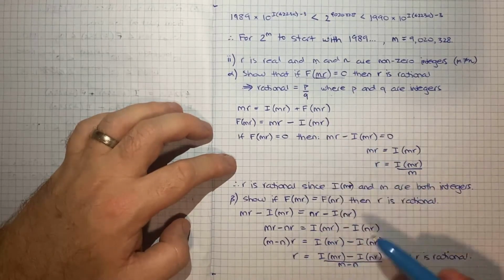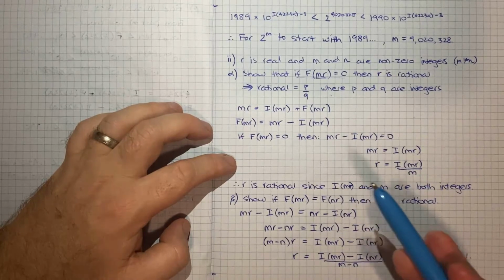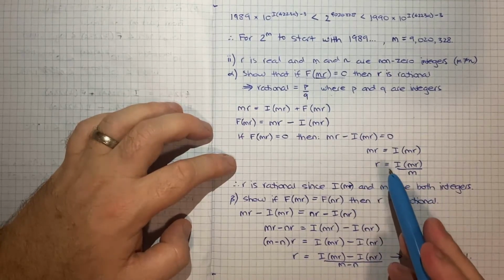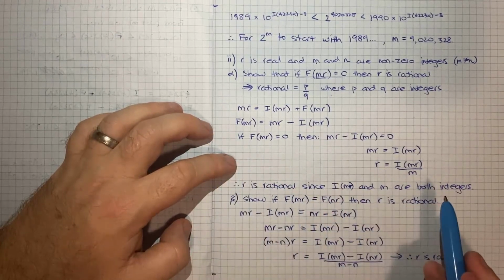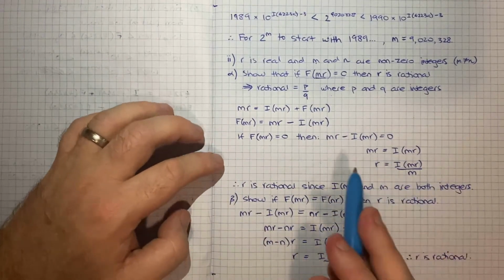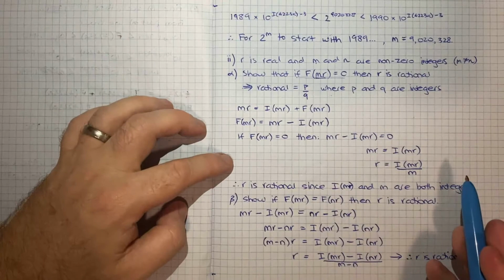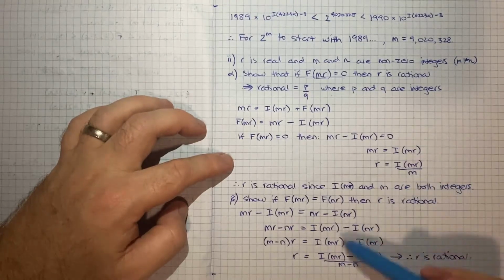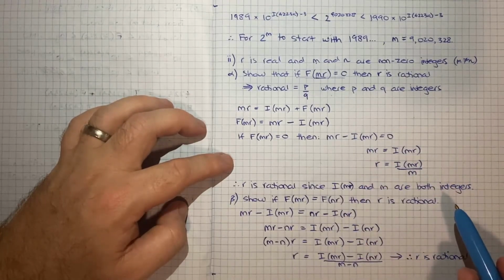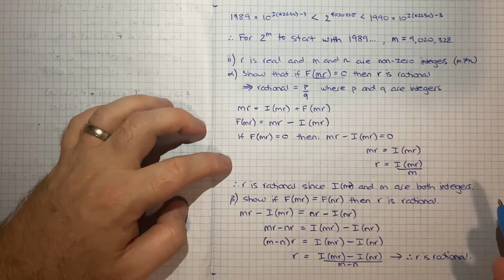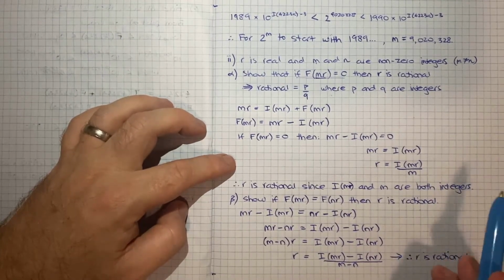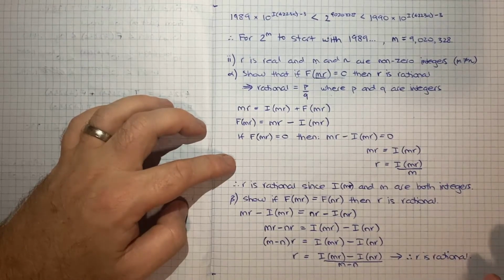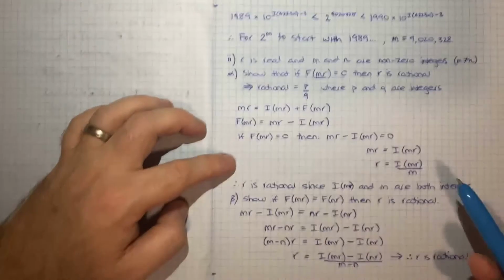It was just basic algebra. But you could almost imagine a student going to something like induction or contradiction or some other technique, and not really getting anywhere when all they really had to do was something really straightforward. So I would guess a lot of students probably got the marks on this part, but you can also see how a lot of students might not have got the marks. But there you have it for part 2.